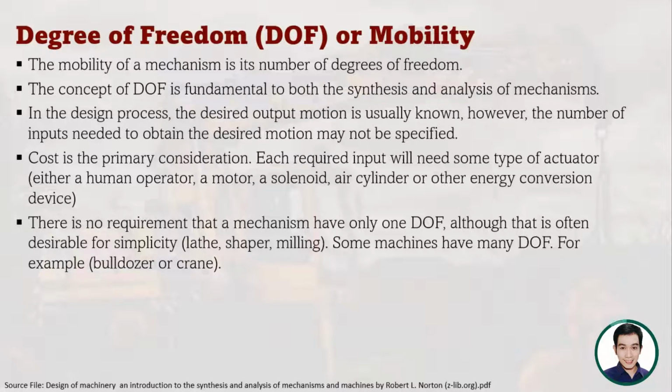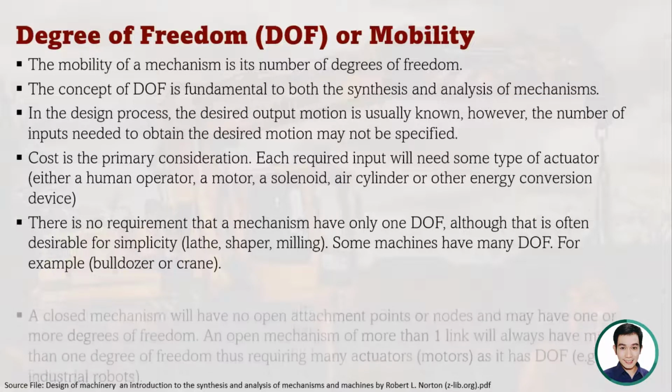Examples of machines that have 1 degree of freedom are your lathe, the shaper, or the milling machine. Some machines have many degrees of freedom, such as a bulldozer or crane, wherein you have a lot of linkages in that kind of machine. So it may require a lot of actuators, and the cost there is expected to be higher than that of a lathe, shaper, or milling machine.